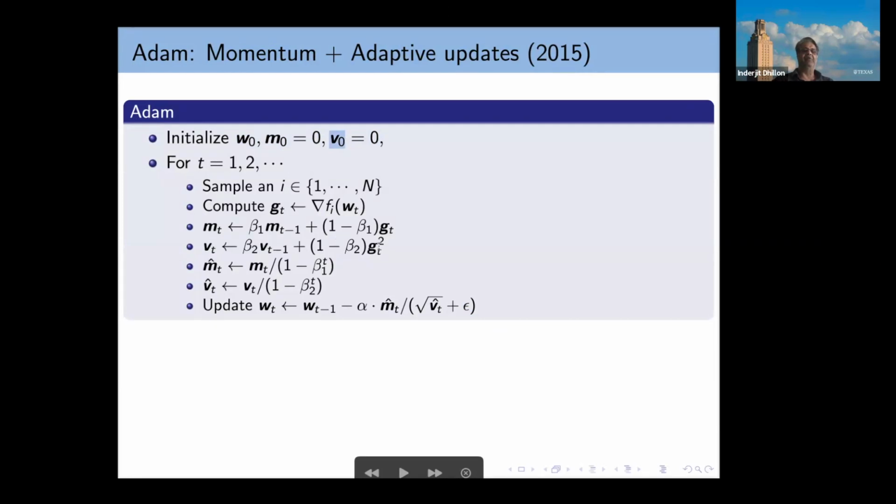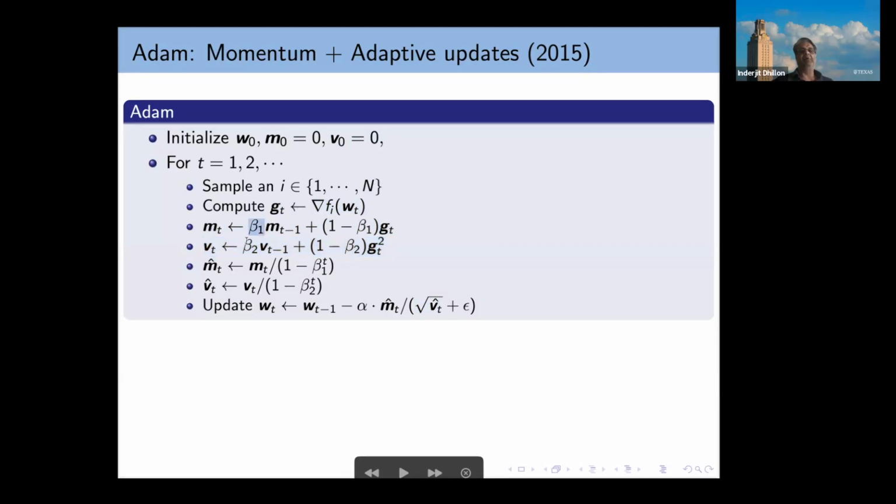V is actually for the adaptive part, right? So you compute the gradient, okay? And then you get a stochastic gradient, right? Then you compute the momentum, so beta 1 times m_{t-1}. So you can decrease the importance of the momentum or the gradient versus the squared gradients at different rates.